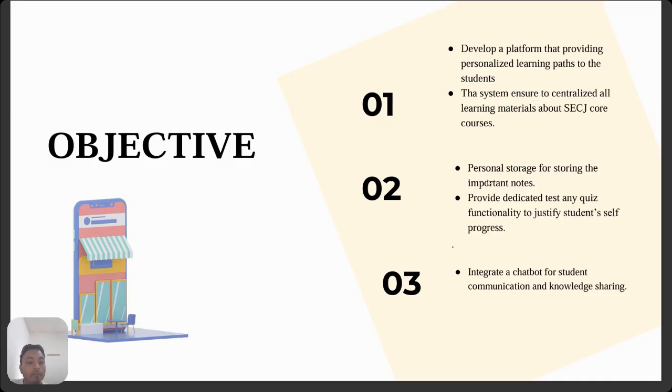And personal storage for every individual student where they can store their data, their notes, their question banks and so on, and provide dedicated test and quiz functionality to justify student self progress. Then integrate an AI chatbot for the student to get knowledge and to communicate and so on.